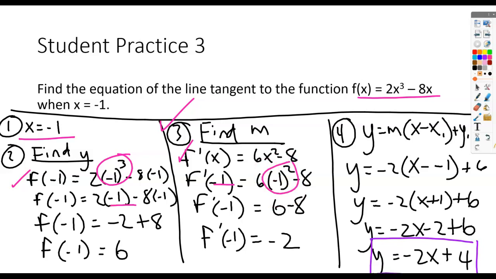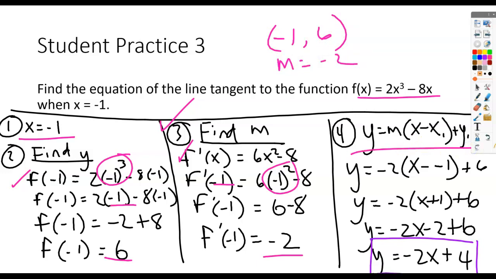Negative 1 squared is a positive 1, and positive 1 times 6 is 6. So we end up with 6 minus 8, which gives us negative 2 for our slope. So my y value is 6, and my slope is negative 2. So I'll write that up here. We had negative 1, 6 for the point. And for the slope, we had negative 2.